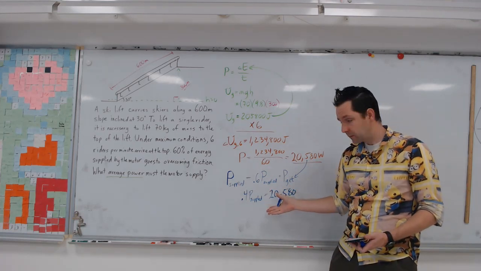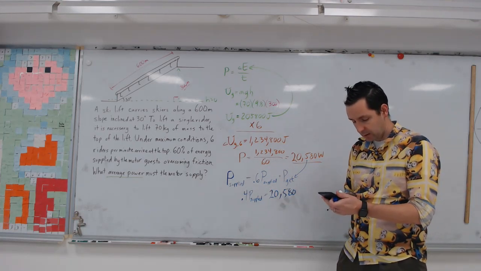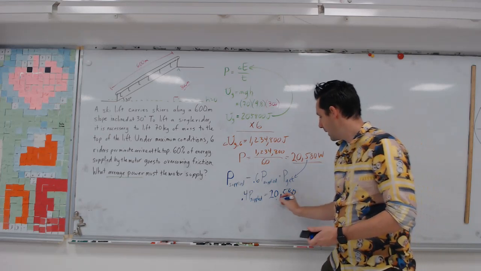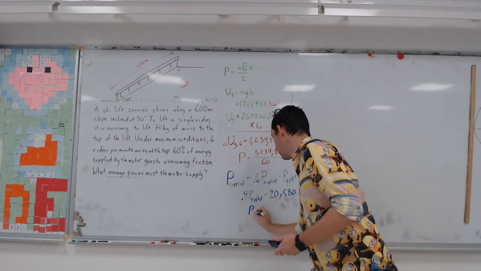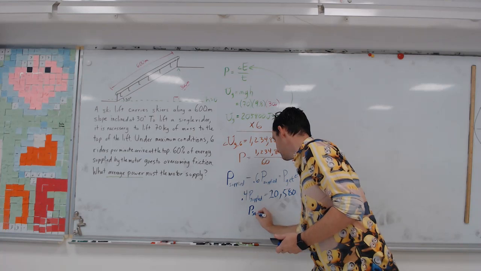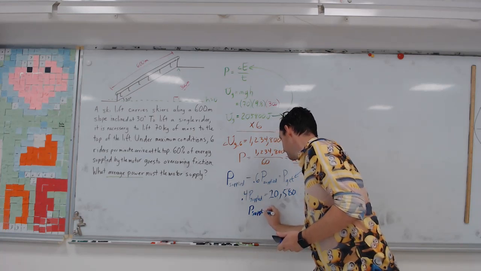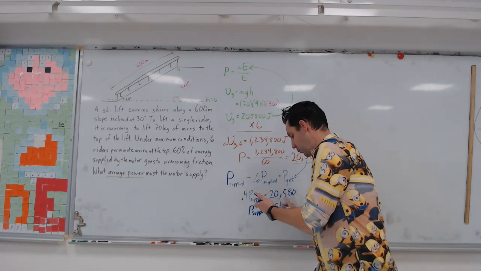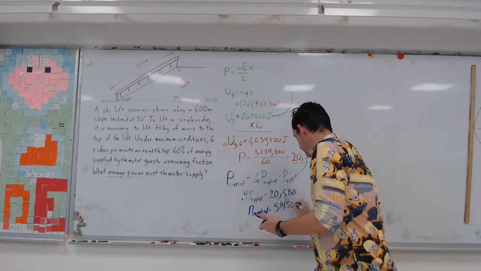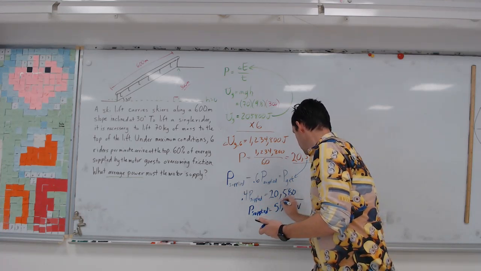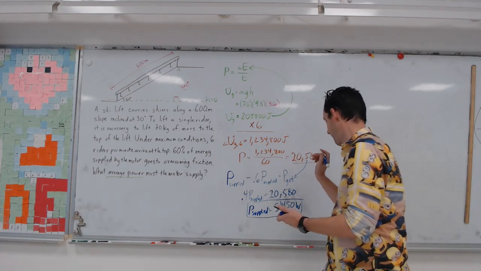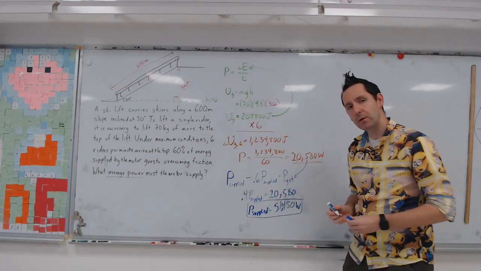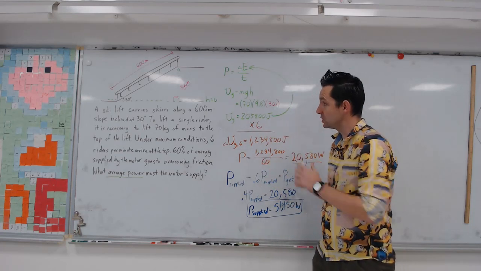Now you can solve. Just divide that number by 0.4, and we get that the total power supplied by the motor is equal to 51,450 watts. And there we go. We've managed to answer the question.